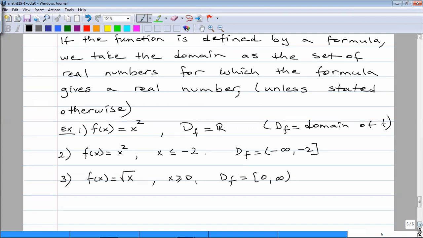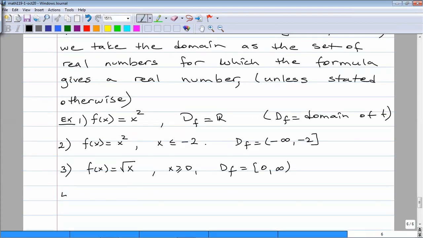Or if you have something in the denominator, let's say 1 over x, then since division by 0 does not give a real number, we have to take x different from 0. So the domain is two intervals: from -infinity to 0, union 0 to infinity.